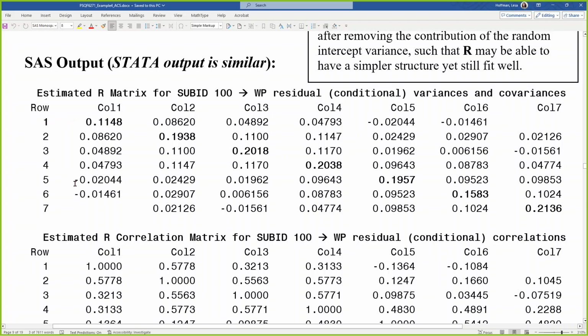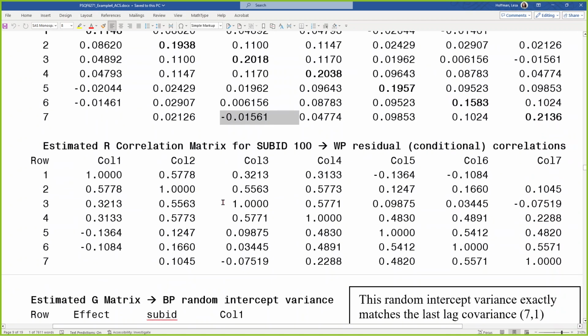So these are the covariances that were estimated directly when you let everything be what it wants, and these are the correlations, and they are indeed negative. So it's essentially trying to come up with an average of these three to figure out what that would be, and then an average of these two. So, yep. Noise is what I would call that. Theoretically, it's possible that they're negatively correlated, but I wouldn't expect that a lot of the time.